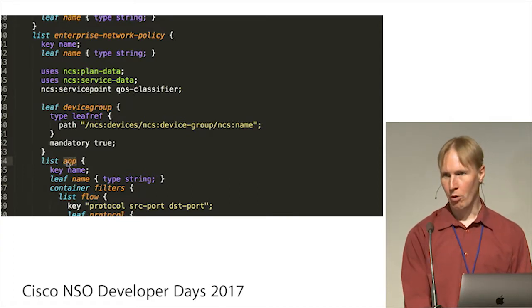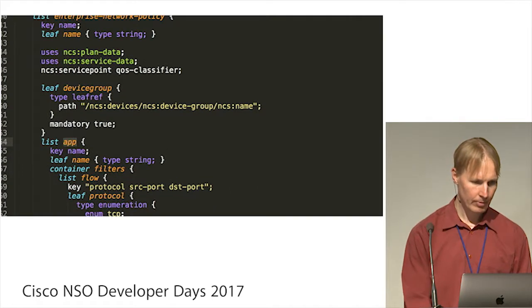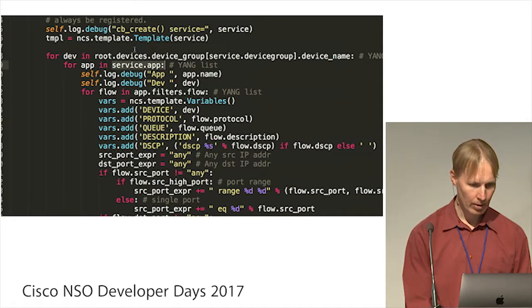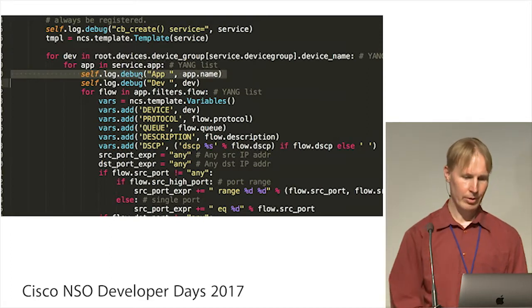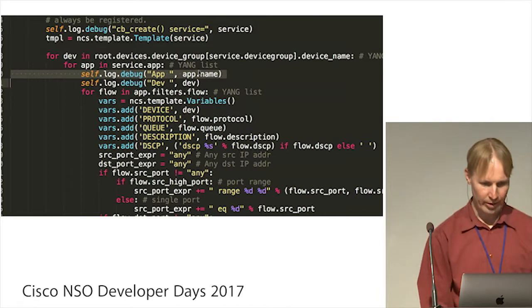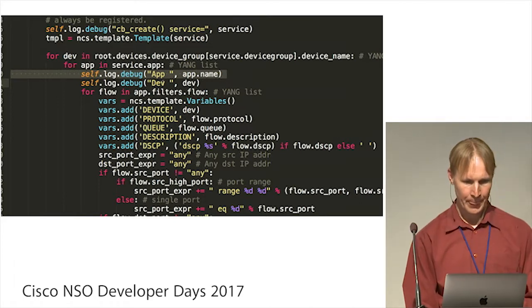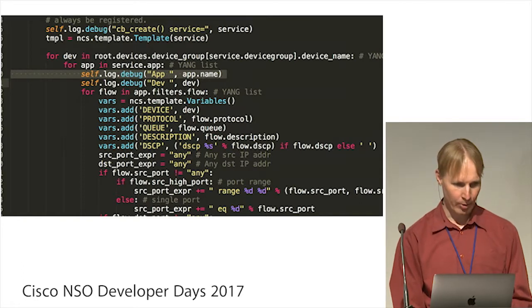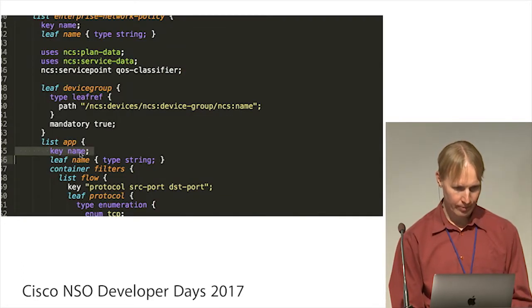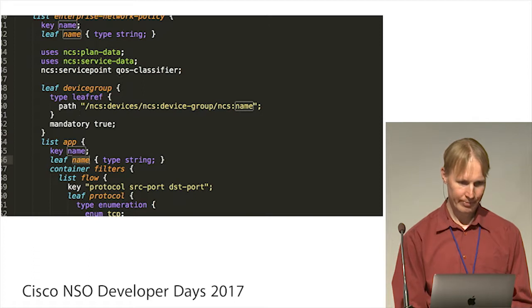So I want to loop over all of those apps. And what I do then, if the debug level is deep enough, I just print, okay, I'm talking about app.name right now. Since app is pointing to one of these instances in the Yang tree, app.name goes to the name column of that, here, the leaf name.